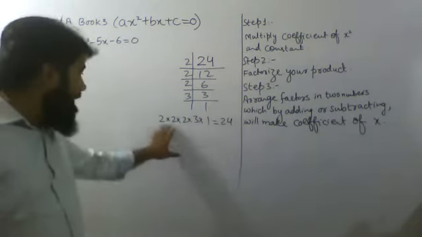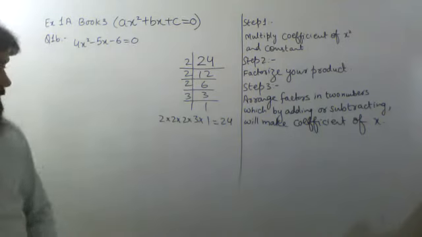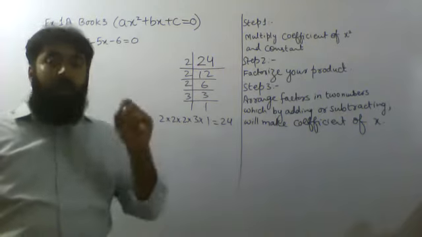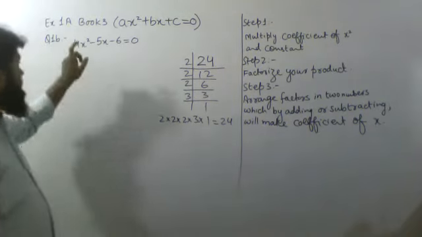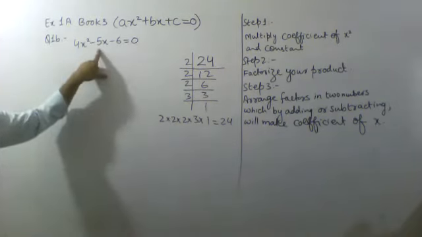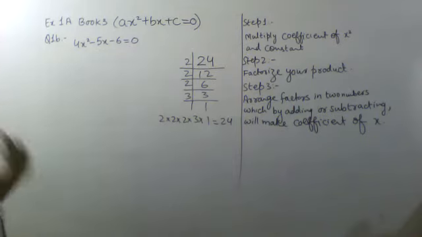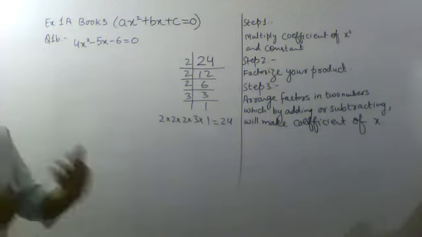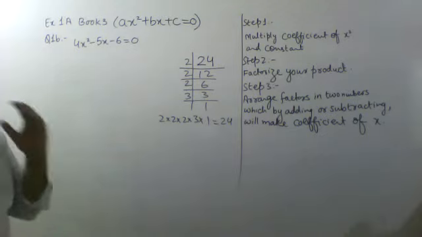It means I have to arrange them in those factors which, if I add or subtract two factors, not more than two, the result should be equal to this. Okay, this is how we are going to do it. So let's see. I'm going in detail, so for further questions you will have the idea.